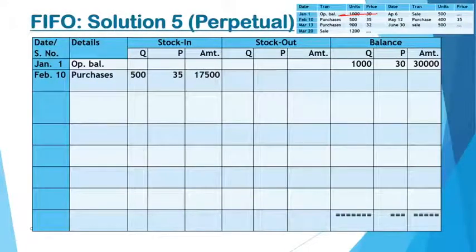Since we are following the approach that first acquired units must be sold first, we need to remember the flow of inventories. So while writing the balance, we will not club everything, because we need to know which lot came first and which lot came next. So you need to record it as it is.